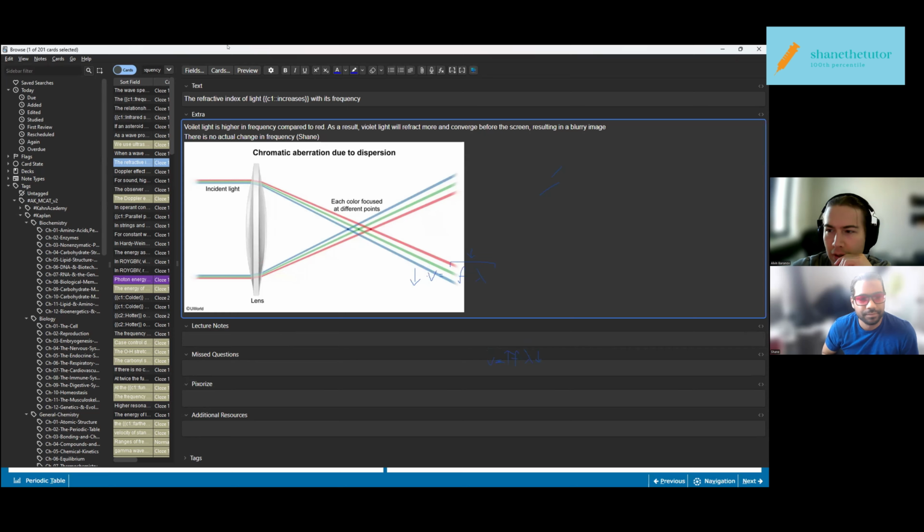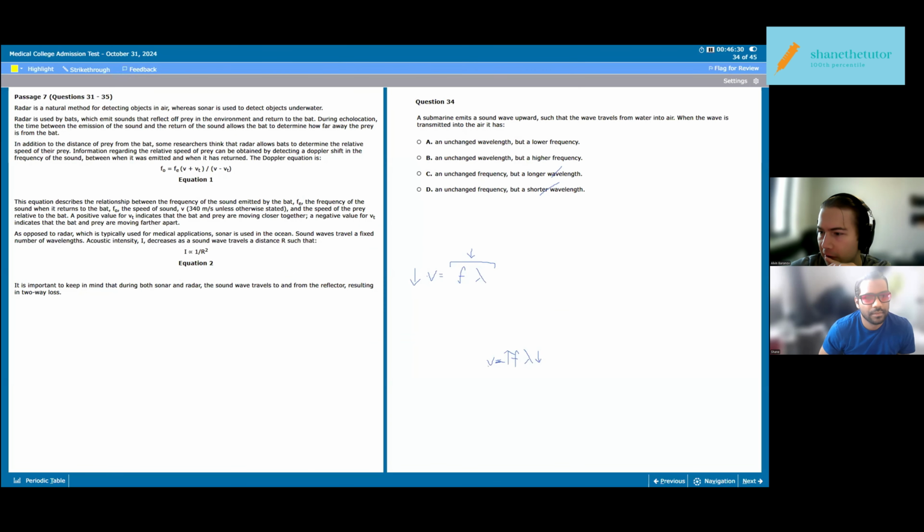Is it true that light with a longer wavelength is going to refract less when traveling to a different medium? Yep, I found it.